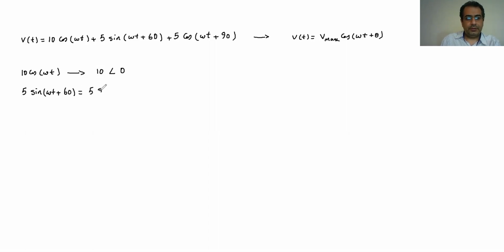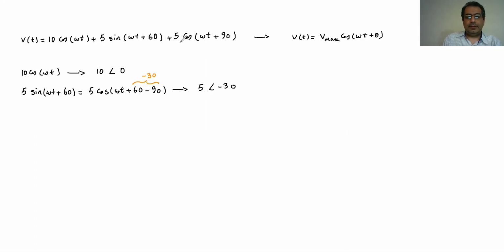So it's going to be 5 cosine of omega t plus 60 minus 90, which is negative 30. So it's going to be 5 with angle of negative 30. I convert that also to phasor.